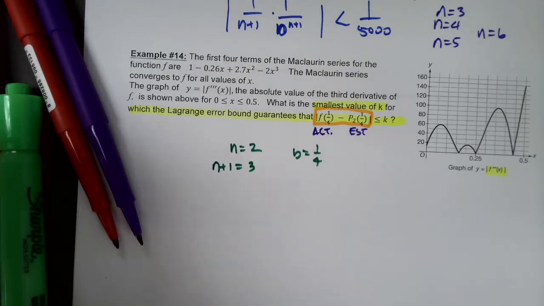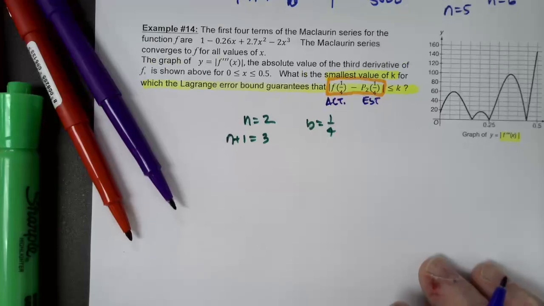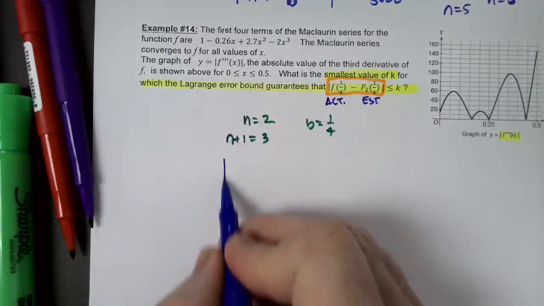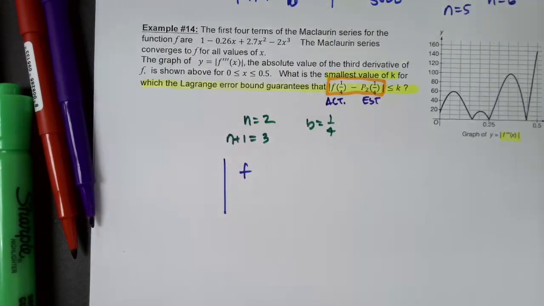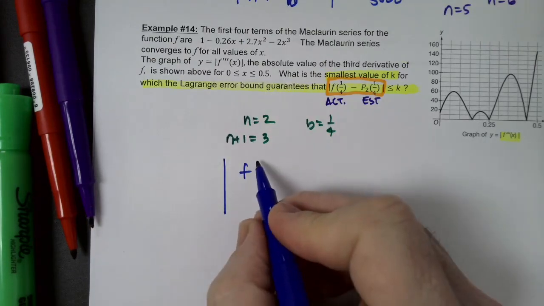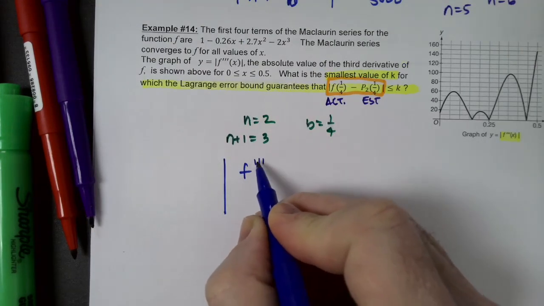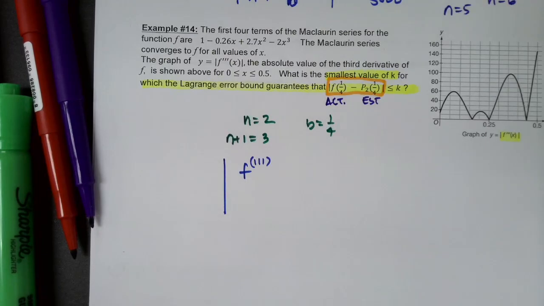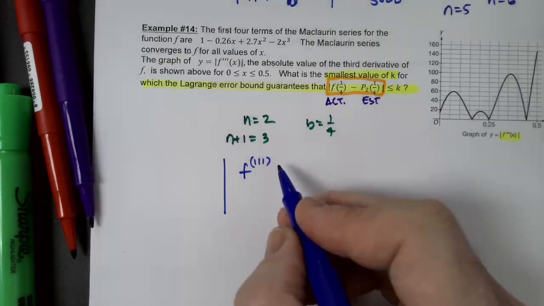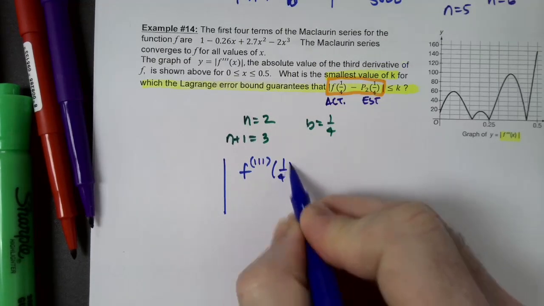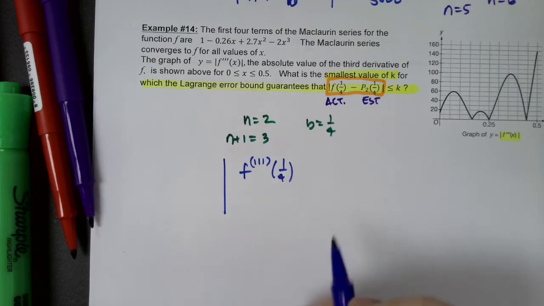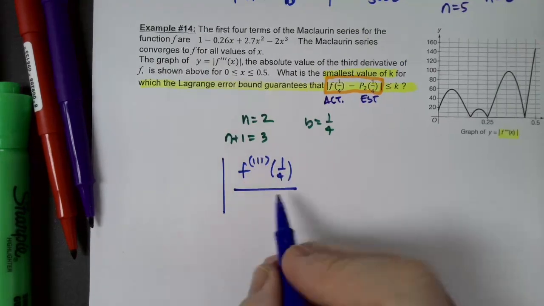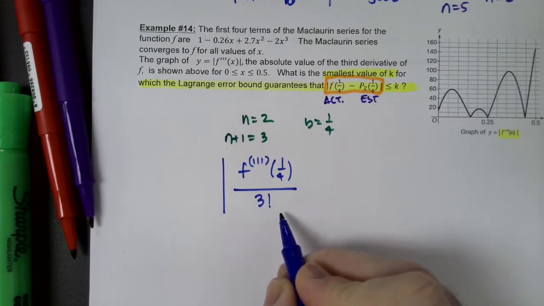Okay? So, let's go to our error bound. Remember what this looks like. This will be, in this case, the third derivative. Okay, that's the one we're asked to use, which means that if that's the derivative, we're doing this at 1/4, that's going to be third, so this must be 3 factorial.